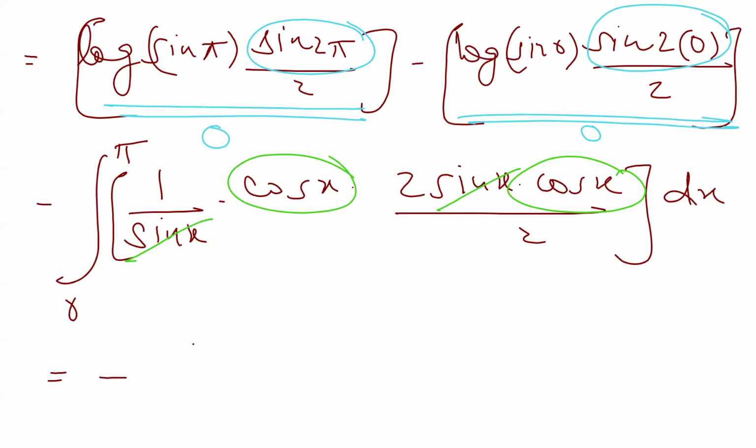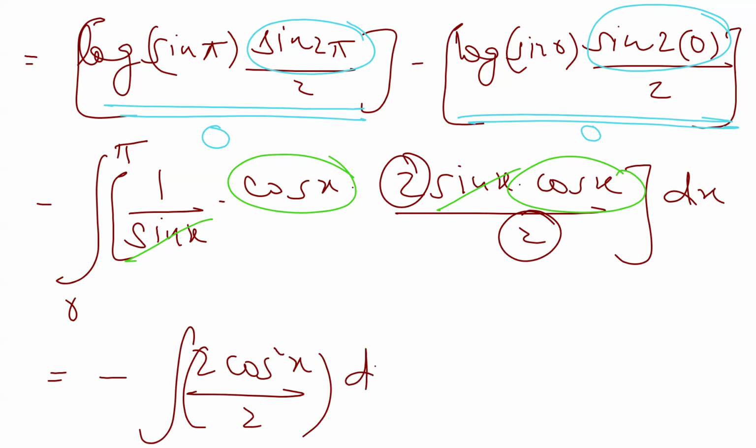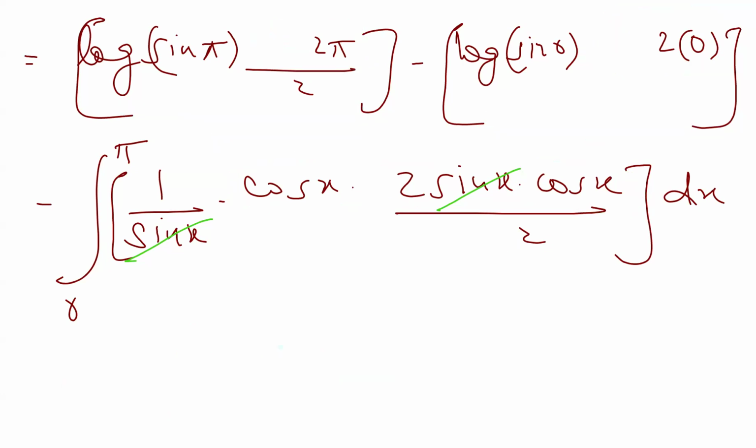Now why I'm not cancelling this 2 and 2, I'll give a reason. We have cos square x, and whenever it is cos square x, we multiply and divide by 2. So why cancel this 2 and in the next step get it back again? So 2 cos square x by 2. Cos into cos is cos square x, and 2 is there ready made.